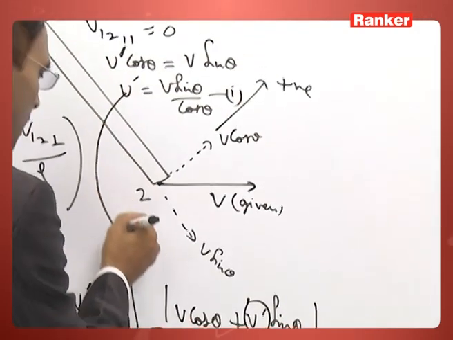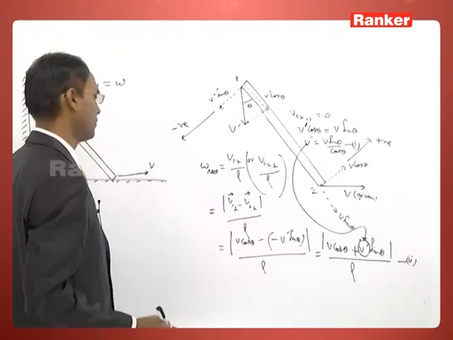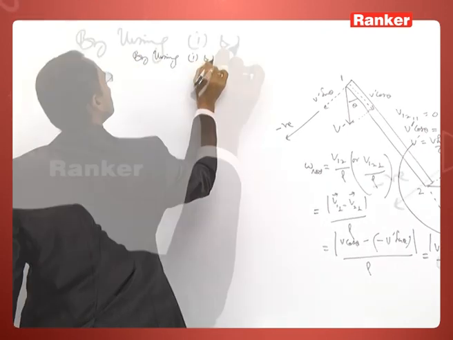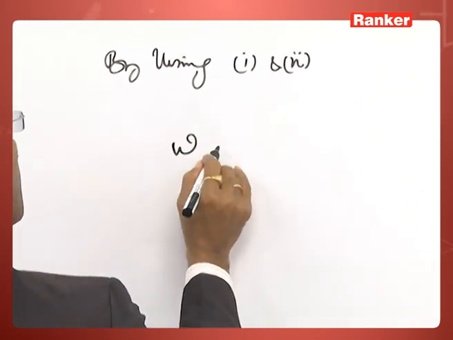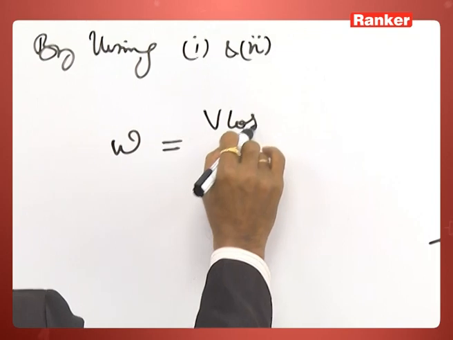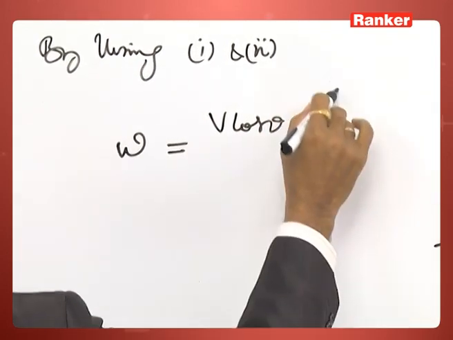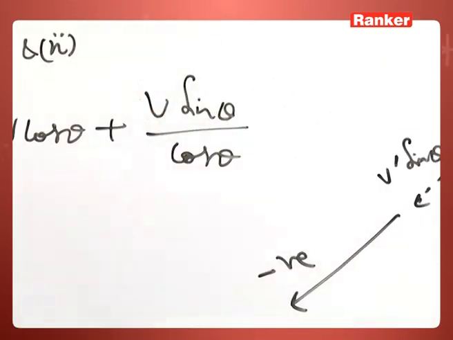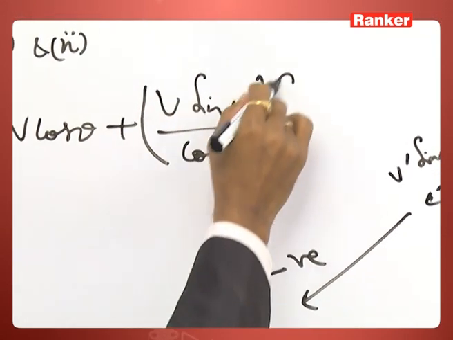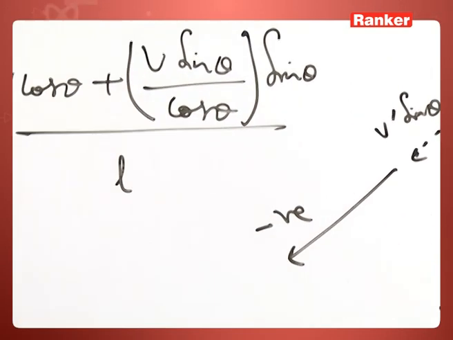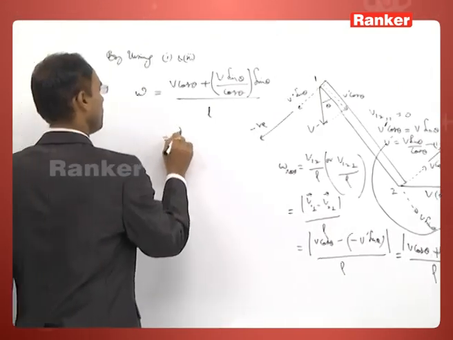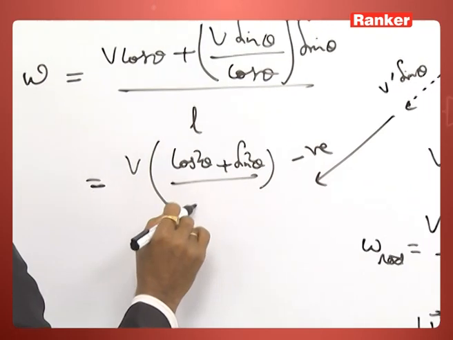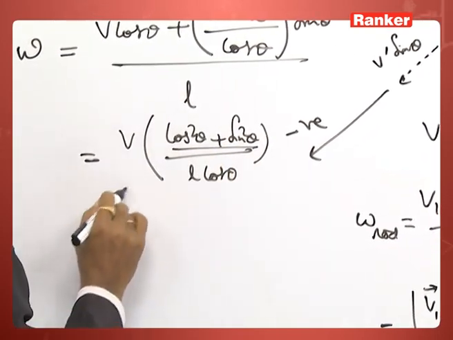Now substitute v dash from equation 1 in equation 2 to obtain, using these two equations, we can find omega is equal to v cos theta plus, instead of v dash you can write v sin theta by cos theta, that is v dash into sin theta by L. So you are getting v, take common, cos square theta plus sin square theta by L cos theta, and this quantity is 1.